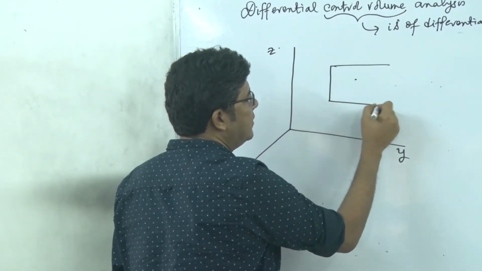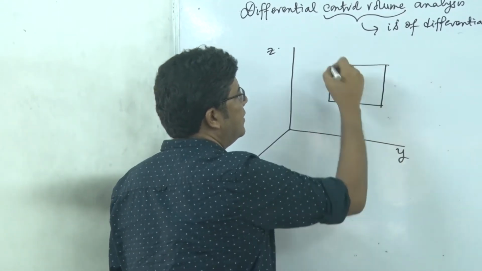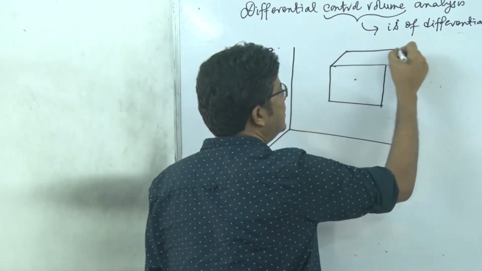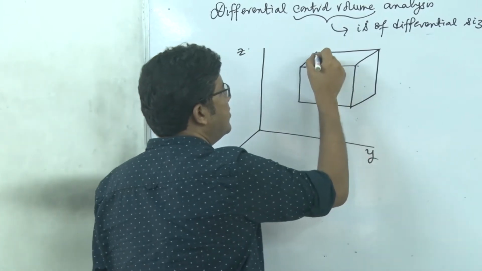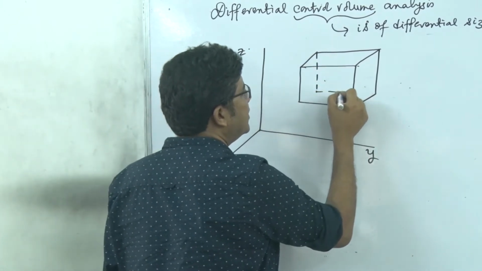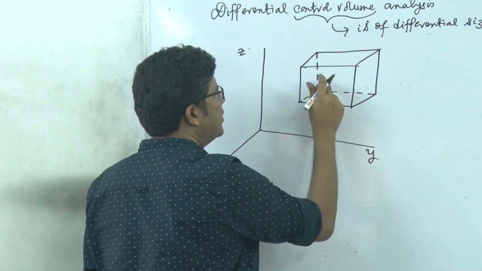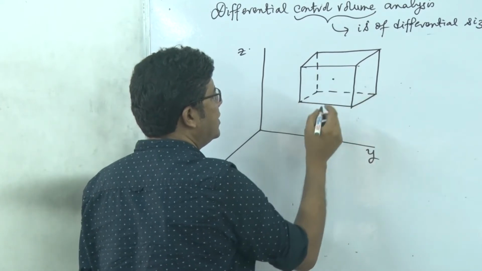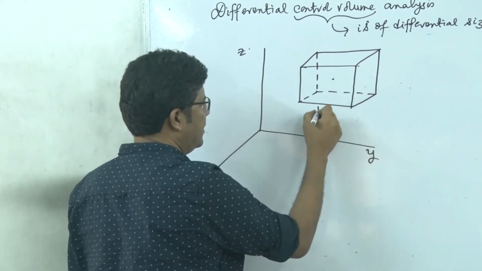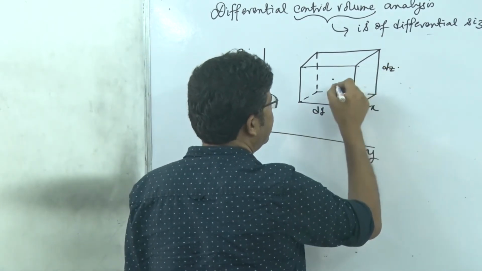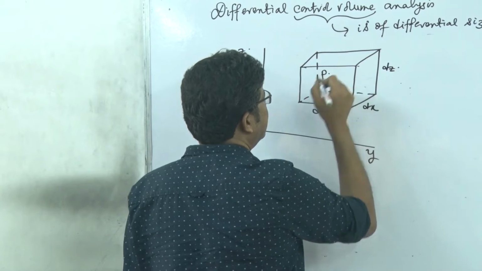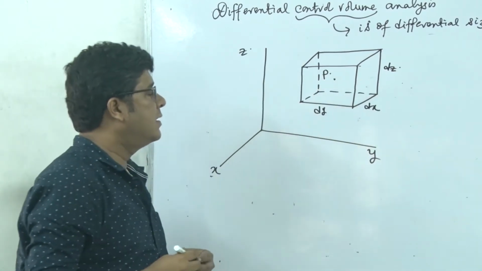The diagram is not to scale, it is much enlarged. The geometry for Cartesian coordinates is a rectangular parallelepiped, and the sides are dy, dx and dz. At the center is the point P.